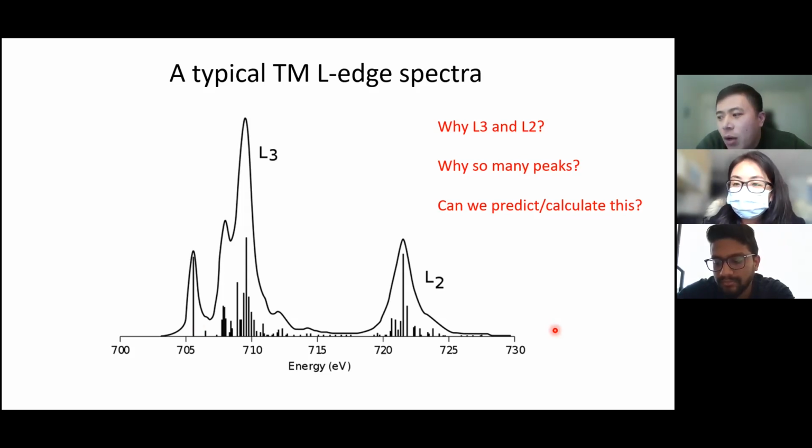I think L1 involves the 2s, right? Yeah. So for L1, one thing is it has high energy because it starts from 2s. Also, if we're talking about the spin coupling, the situation will be totally different from the 2p, because L2 and L3 come from the 2p. Also, the L1 is a singlet.